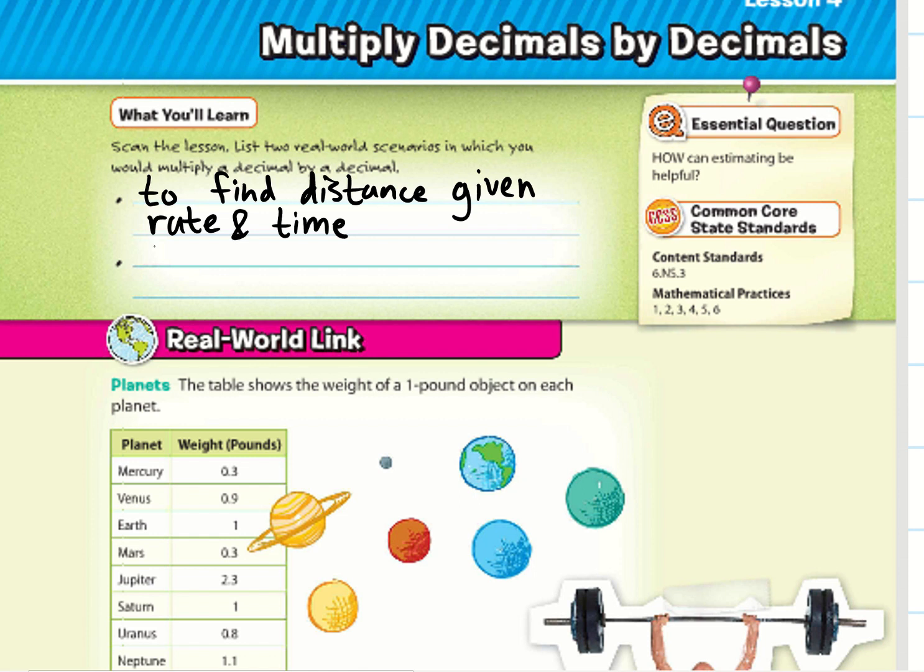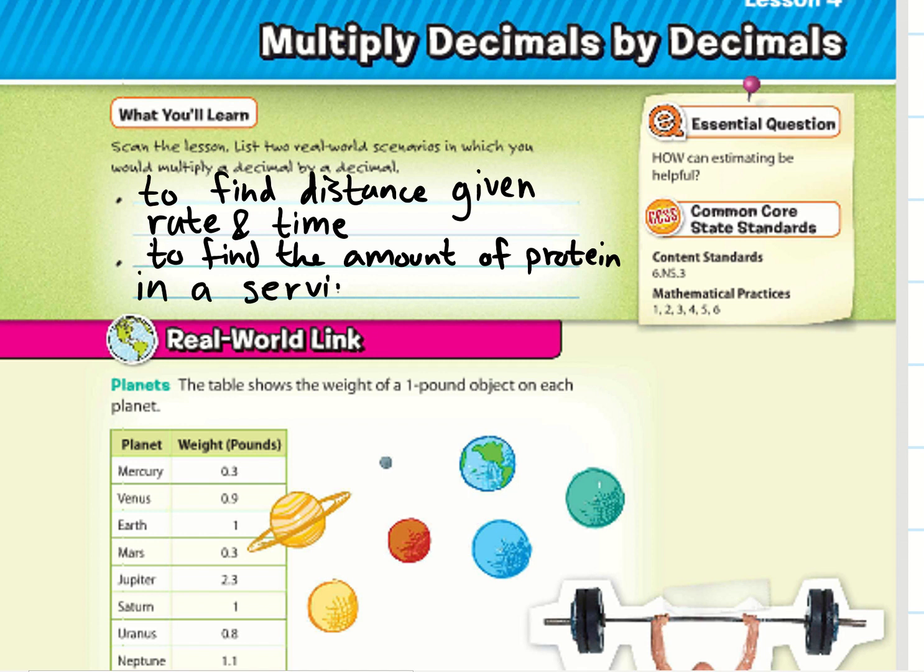Another real-world scenario is to find the amount of protein in a serving of cereal.